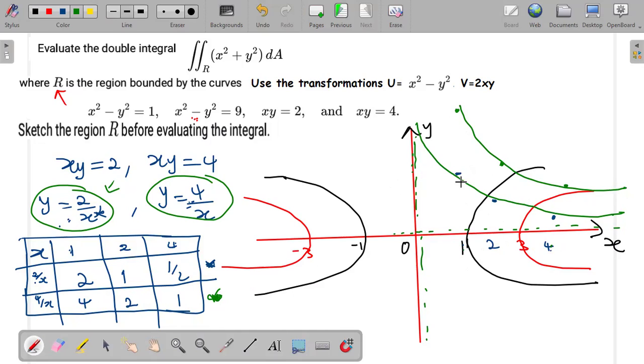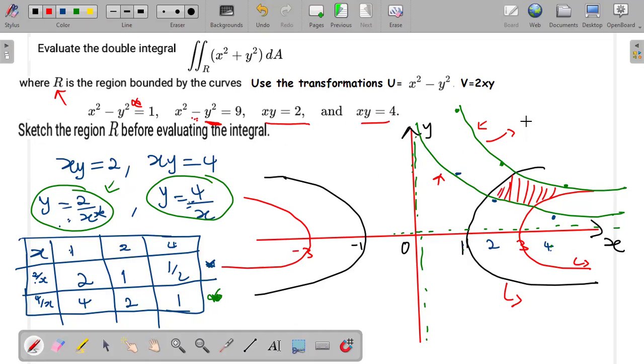Okay, so our region which we are interested in is which region now? The region that we're interested in is this one here. Why? Because it's the one which is bounded by this hyperbola, this first one. And then I can also see this hyperbola here, this second one. I can see this curve below and this curve above. So we can actually label them.